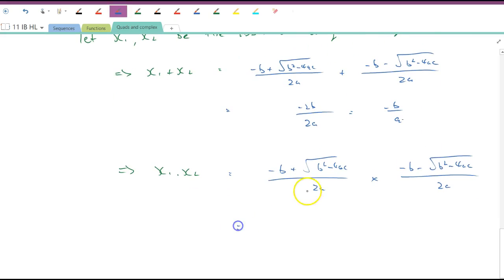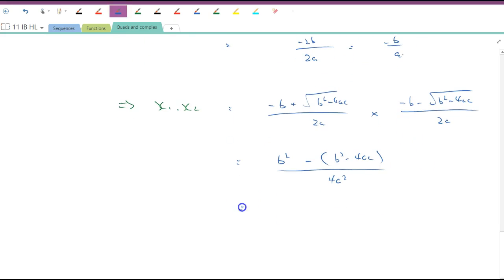If we multiply these out, minus b times minus b is b squared, the cross terms cancel, and we're left with minus the square root times square root, which is just what's under the square root, over 4a squared. The b squareds cancel, we end up with 4ac over 4a squared, which when you cancel gives us c over a.